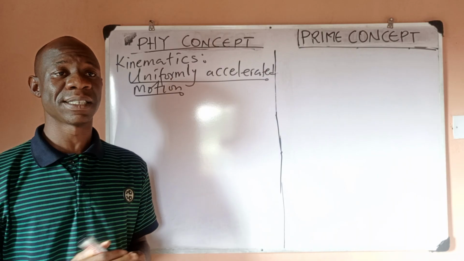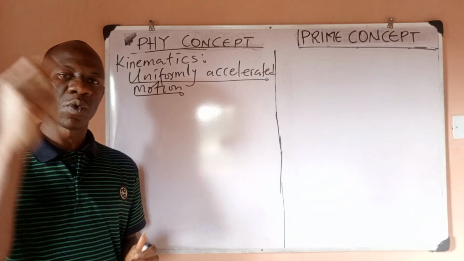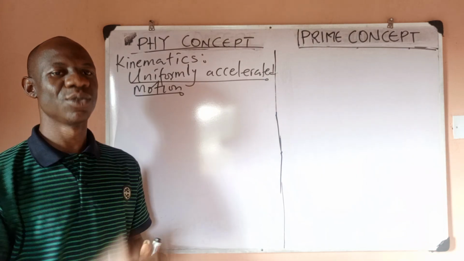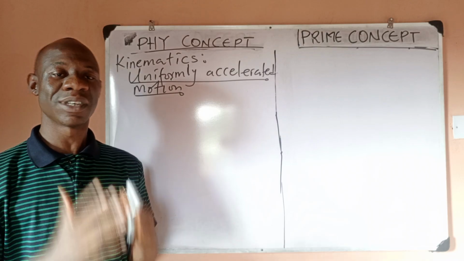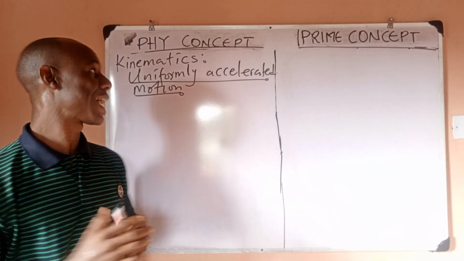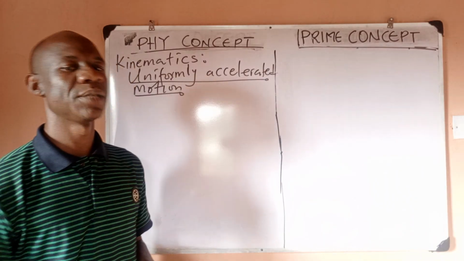So in kinematics, we want to look at how an object moves, but we are not interested in what is causing that object to move. Of course, you know that the agent that makes an object or a particle or a system move is actually what? Force. So in kinematics, we're interested in everything but force and then momentum.